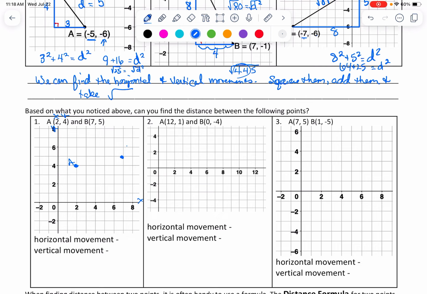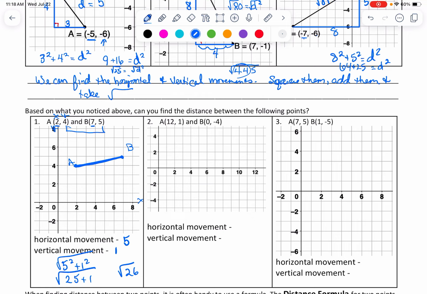So this is 7, 5, this is B. But if we want the distance between these 2 points, the most straight distance, we just check out our horizontal movements. The X's are the 2 and 7, so we move 5 horizontally. And the Y's are 4 and 5, so we moved 1 vertically. And so 5 squared and 1 squared is 25 and 1. So the square root of 26.